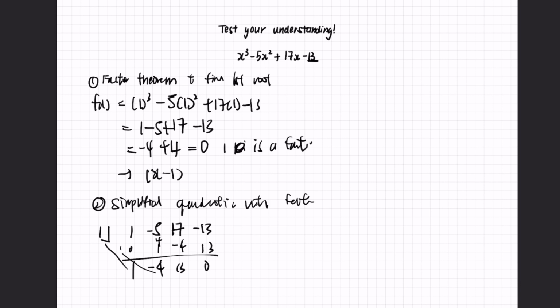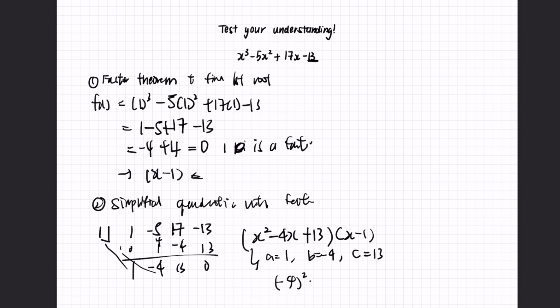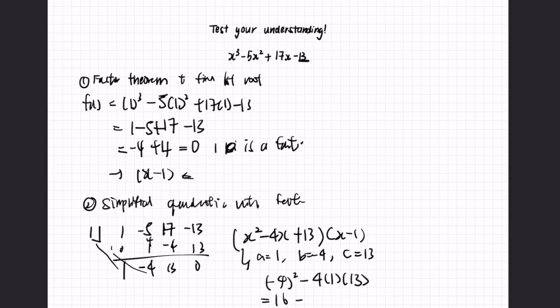So this will be x squared minus 4x plus 13 times the factor we just found here. To check if this contains complex roots, a equals 1, b equals negative 4, c equals 13, b squared minus 4ac, 16 minus 52 gives you negative 36, which means that it has complex roots.